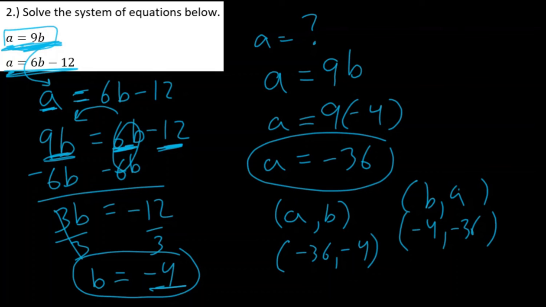All right? Since these are not y equals mx plus b, they're not clearly an x and a y. However, I would have to specify if I wanted it as a comma b or b comma a. If we were using it as our slope-intercept form, this would be the correct form, though. All right, let's move on to our third and final example.